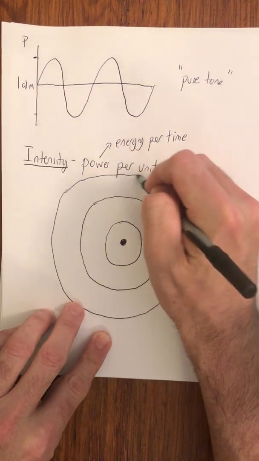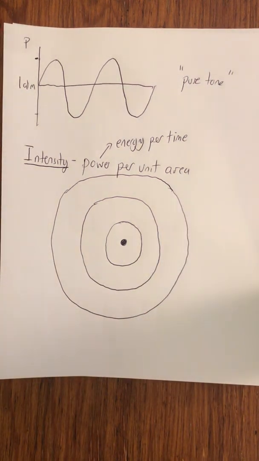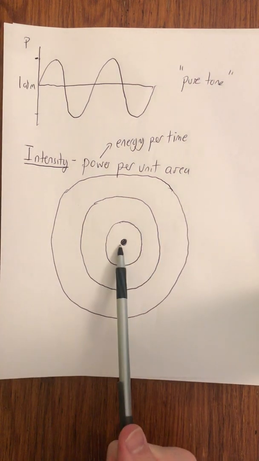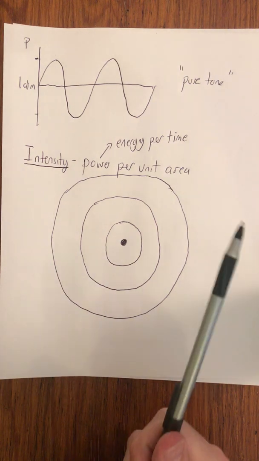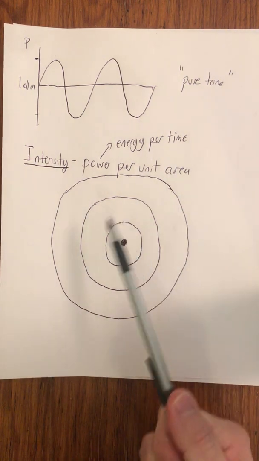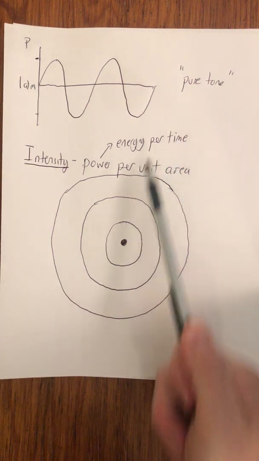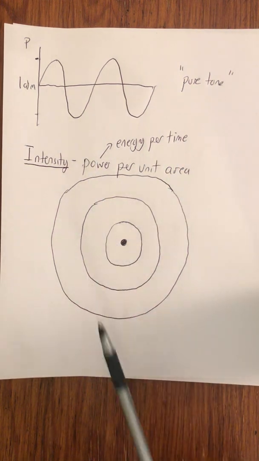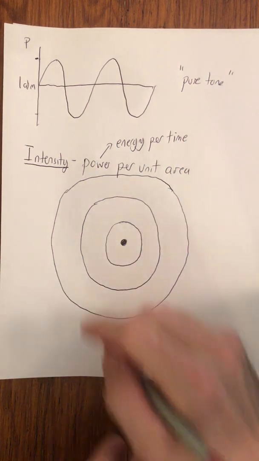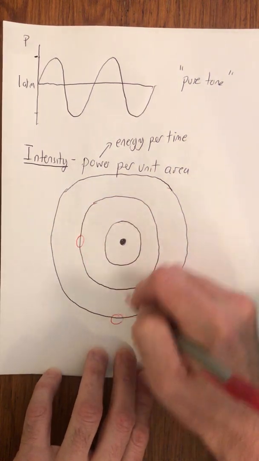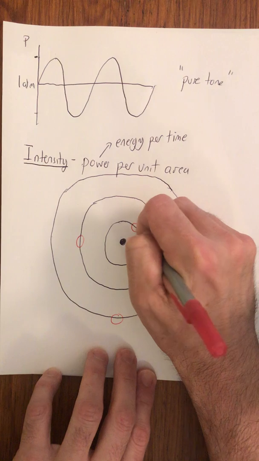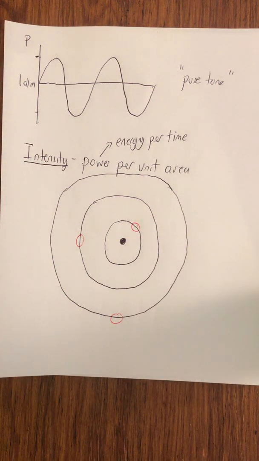So what this is saying intensity-wise is that this speaker is putting out a certain amount of energy per unit time. That's what the speaker is doing, power. But as an observer here, versus an observer here, versus an observer, say, here, those 3 observers experience a very different experience, right?